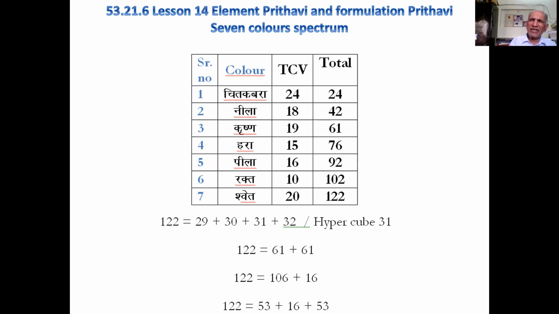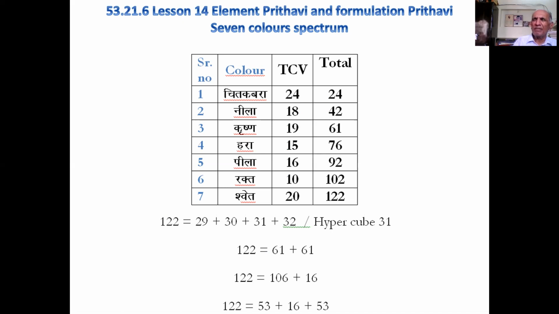On the computer screen is the tabulation of these 7 colors: Chitkabra, Neela, Krish, Hara, Pila, Rakt, Svet as designations of these 7 colors with the TC values 24, 18, 19, 15, 16, 10 and 20. A summation 122 takes us to the organization of value 122, which is parallel with the summation value of 4 folds of hypercube 31.